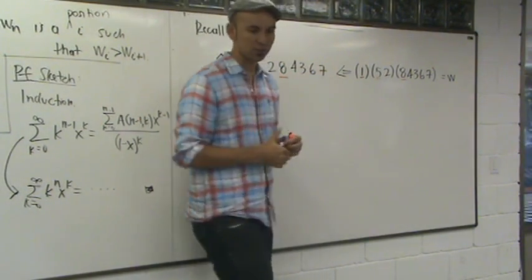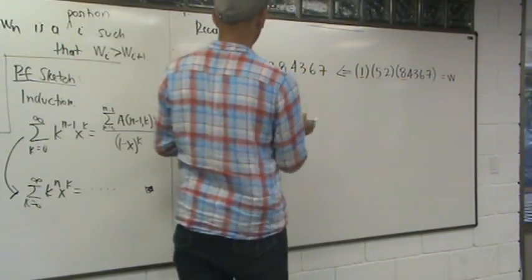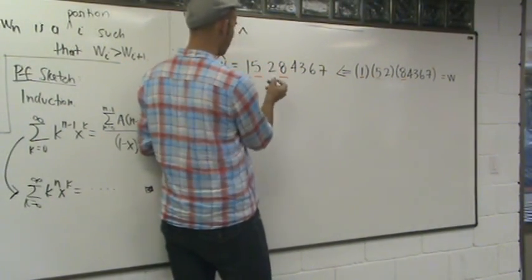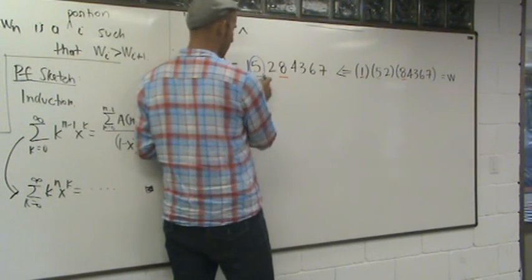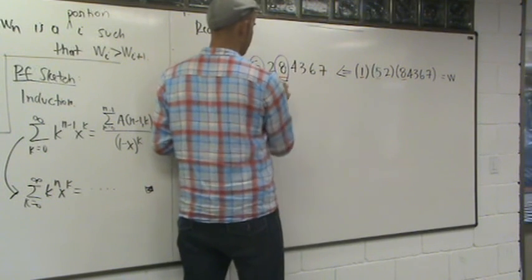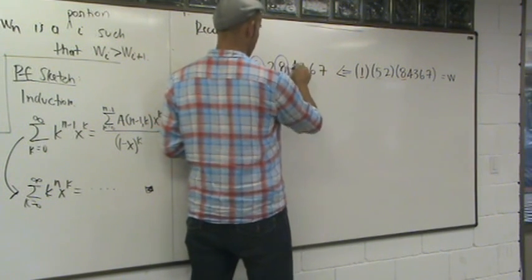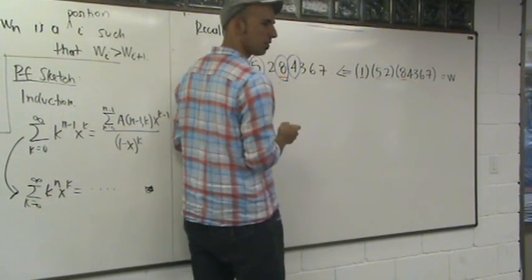I'll circle them, because colors are hard to see. 5 is bigger than 2, then I increase, then 8 is bigger than 4, 4 is bigger than 3, and then this is not a descent, this is not a descent.